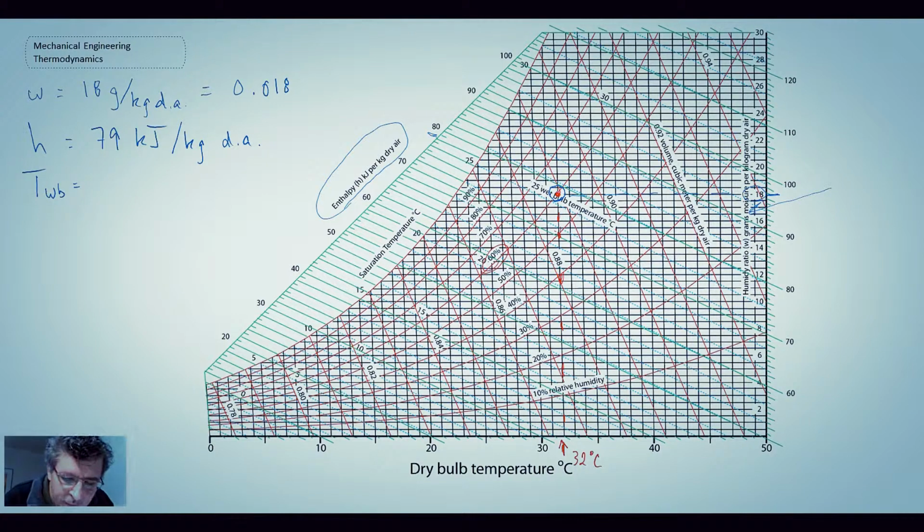That's the light blue lines going to the upper left. We have 10, 15, 20, 25, 30. For this particular case, we're between 25 and 26. So let's say we're at 25.5.